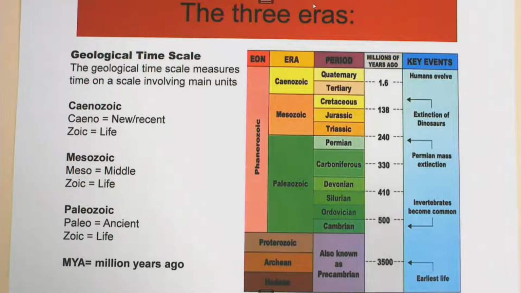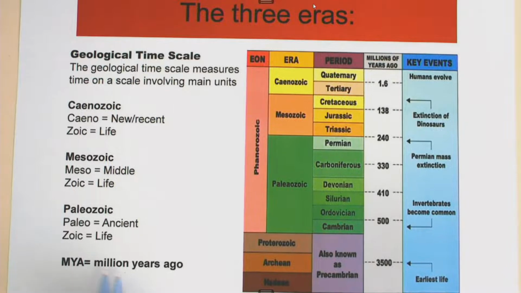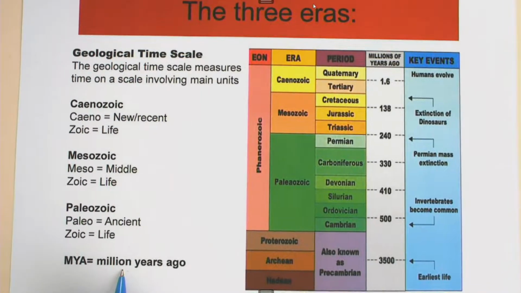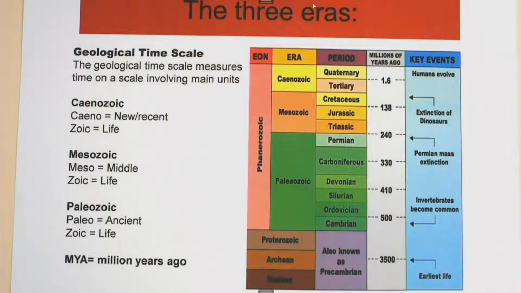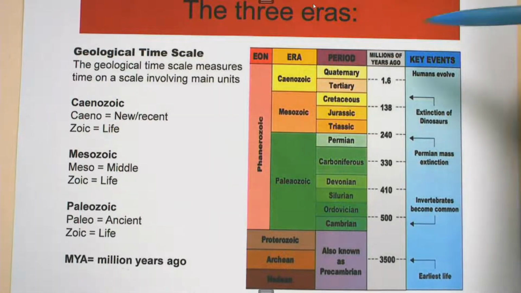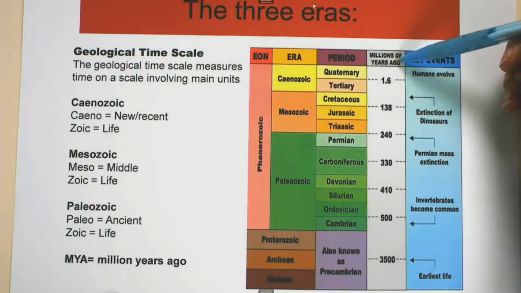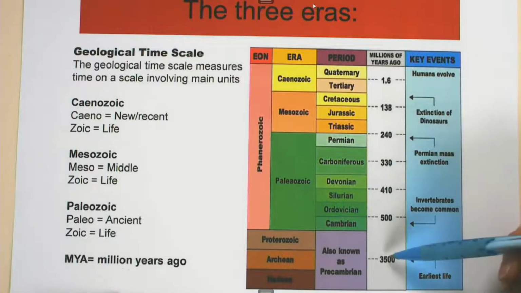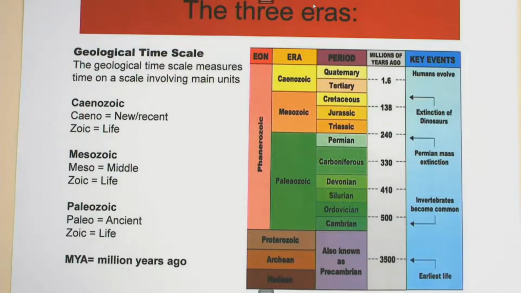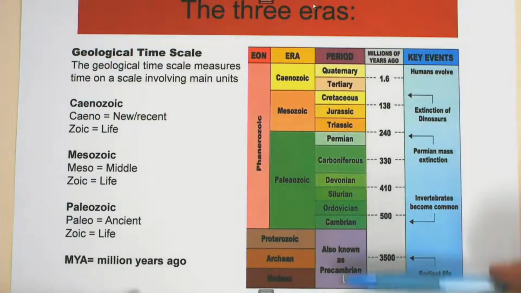This is a time scale to try and make sense when we say something happened millions of years ago, because it's very difficult to understand the concept of a million years ago. MYA, million years ago, not MIA, missing in action, like some of you will be by now. So if they say it's 1.6 million years ago, it's not as much as 3,500 million years ago. So this is closer to now, this is very long ago.